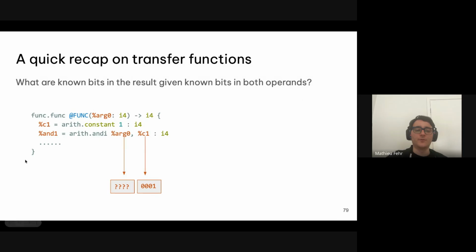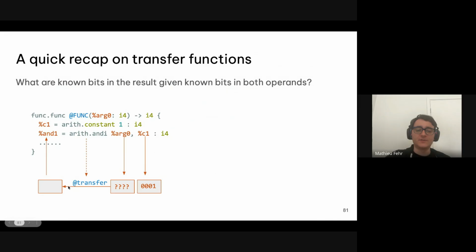To compute the result of this operation, you need to call what's called a transfer function, which takes as input the operation you have and returns the right computation for the result, which is just 000 question mark. So if you have an unknown variable and do an and with 1, only the last bit might have a value, and the rest is necessarily 0.